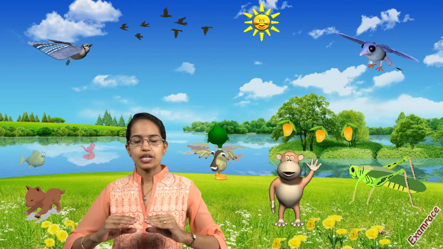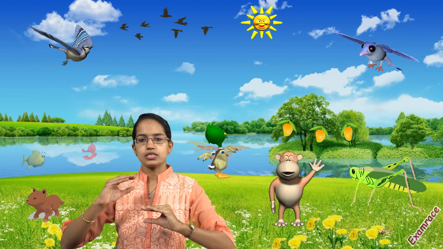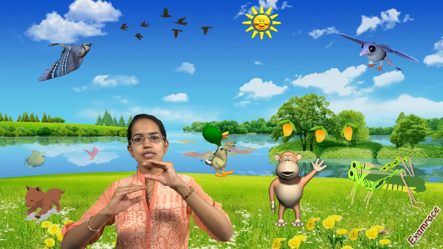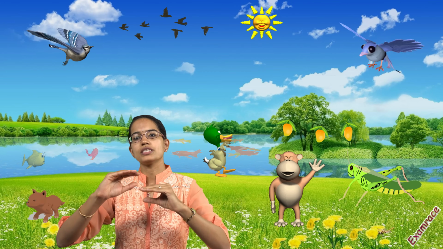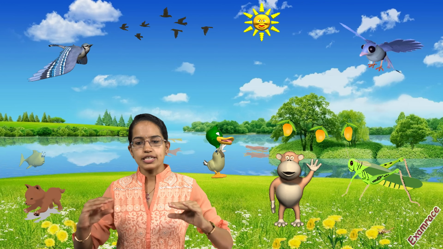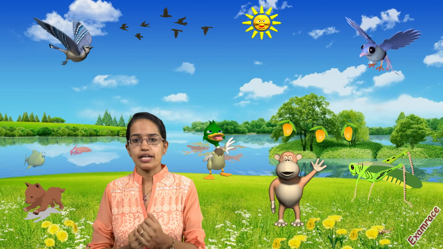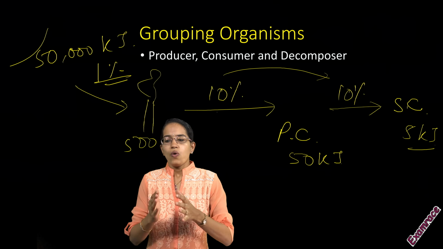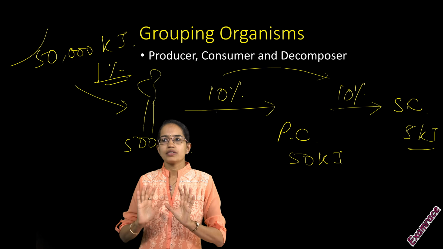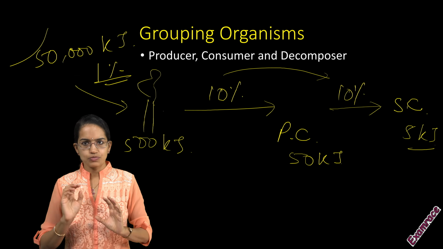So with each successive trophic level, these are called trophic levels, you have the producers, next to producers you have primary consumers, secondary consumers, tertiary consumers, and so on and so forth. So this is where the energy flow occurs. Now we talked about the grouping of the organisms so far.